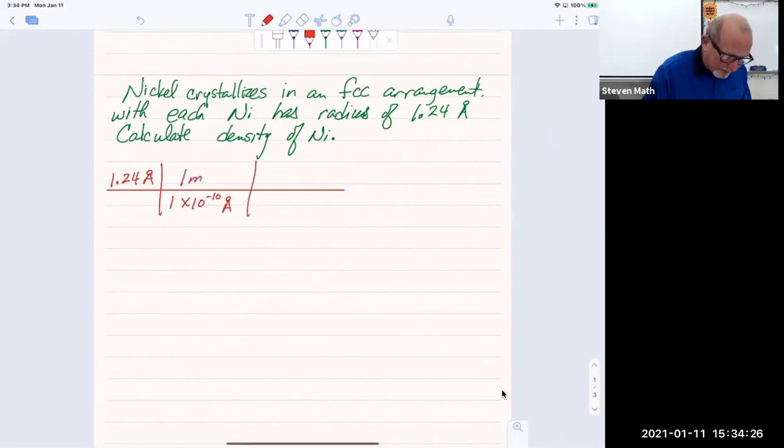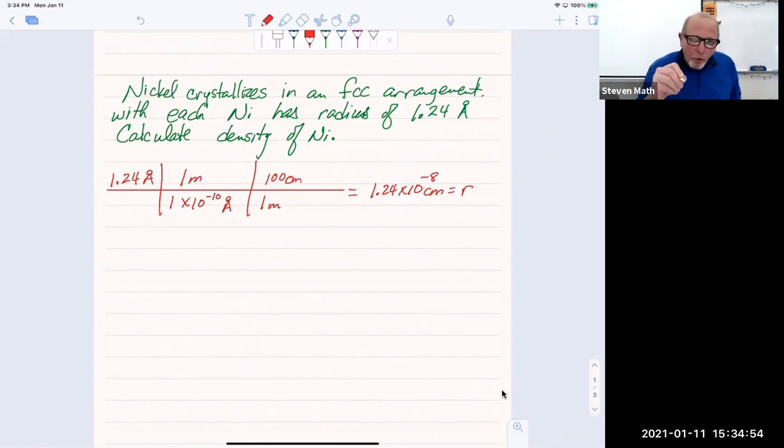Well, I'd rather have things in centimeters because we're going to calculate density. Density is probably going to be in the units of grams per centimeter cubed. So let's get things to centimeters. 1 meter, 100 centimeters. We've got a radius now of 1.24 times 10 to the negative 8th centimeters. That's our R. That's our radius.